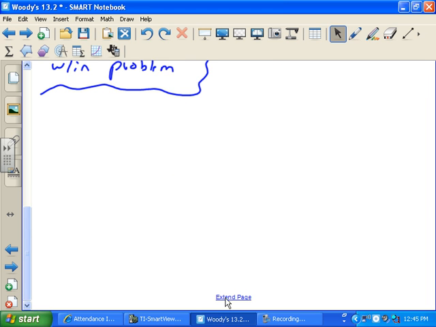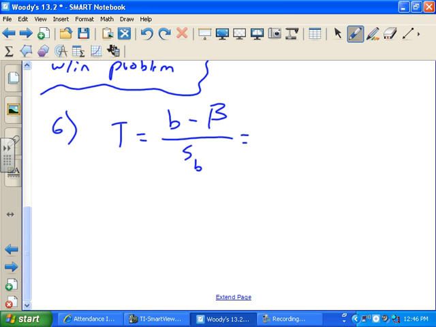We are almost done. Step 6, we're going to use a t-test for this, and that is b minus capital B over the standard deviation of b. In this case, that was 0.0047 minus 0 divided by the 0.0026 that we calculated.